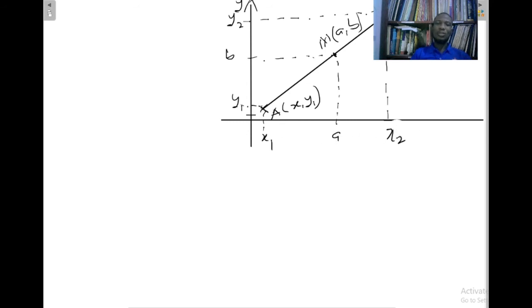And then also, along the y-axis, the length y1 to B will be the same as the length B to y2 along the y-axis. If we are saying the point M is in the middle, then that is what it's going to be.